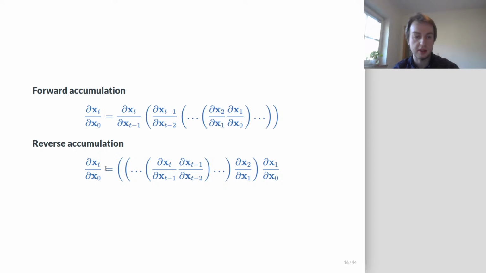Or you could do it in reverse, by first computing the product of the Jacobians associated with variables at the end of the composition, and then multiplying from left to right with the Jacobians associated with the intermediate and then the input variables.